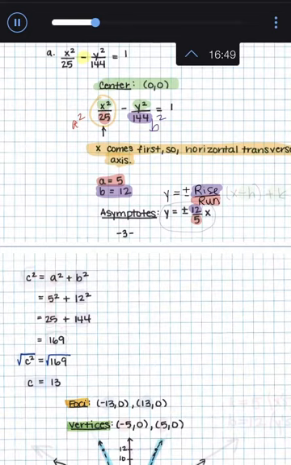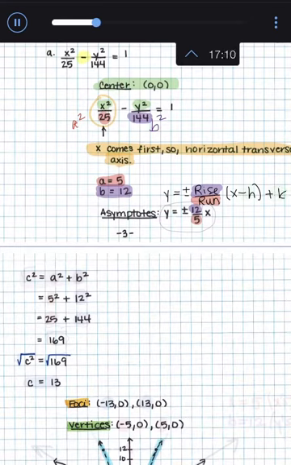Now, normally you'd say x minus your value for your center, but that's just 0 here. The x coordinate for your center is 0, plus the y coordinate from the center, which is, again, 0.